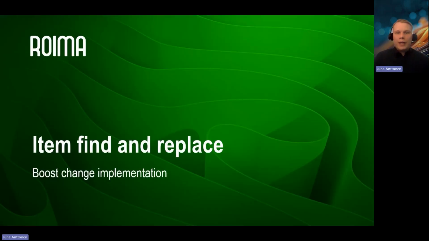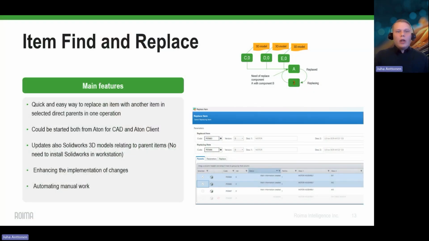And the next one is item find and replace. Item find and replace is a quick and easy way to replace an item with another item in selected direct parents in one operation. And there's one example of it where we change item A to item B, and we can do the change in several direct parents in the same operation, and also update the 3D model at the same time.